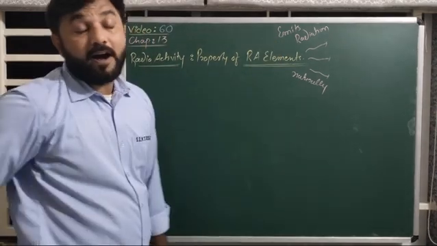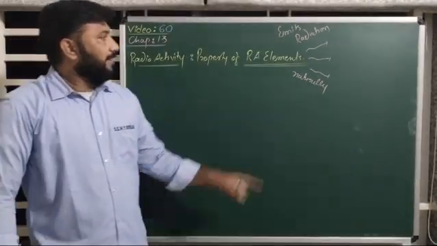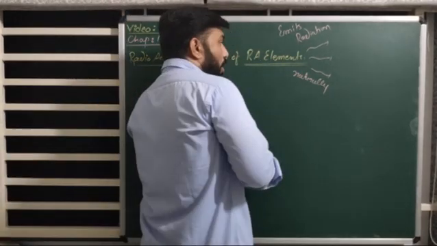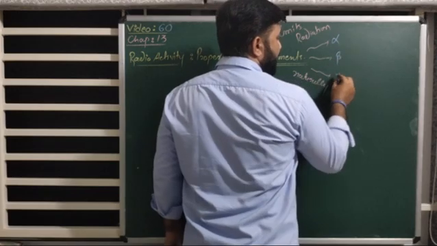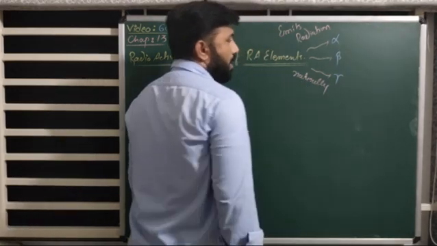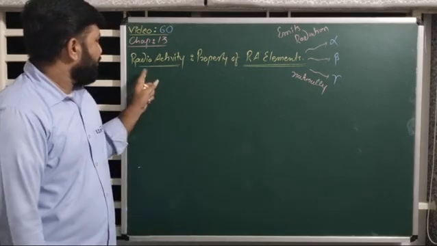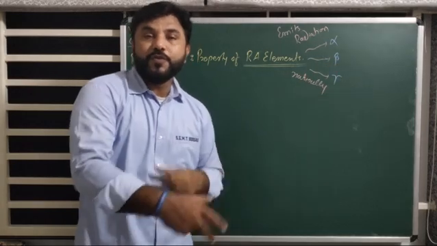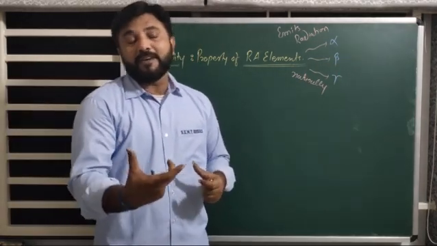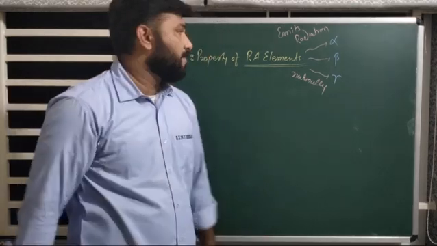Such elements are known as radioactive elements, and that emitted radiation is of 3 types: alpha, beta and gamma. Very nice things. If you follow the figure, you will get lots of information as well as lots of answers to short questions.